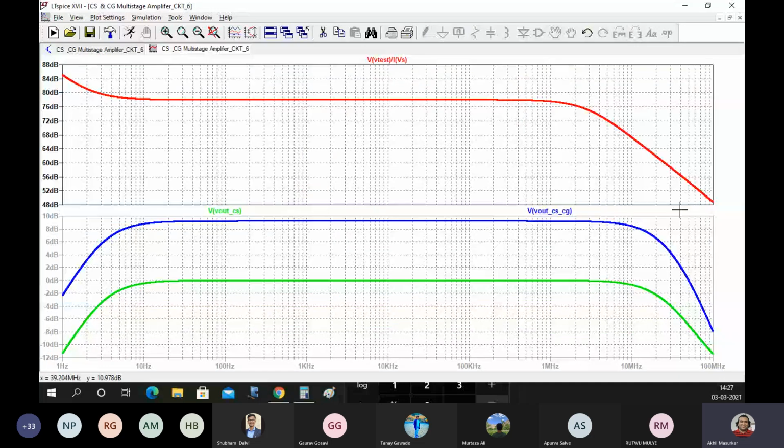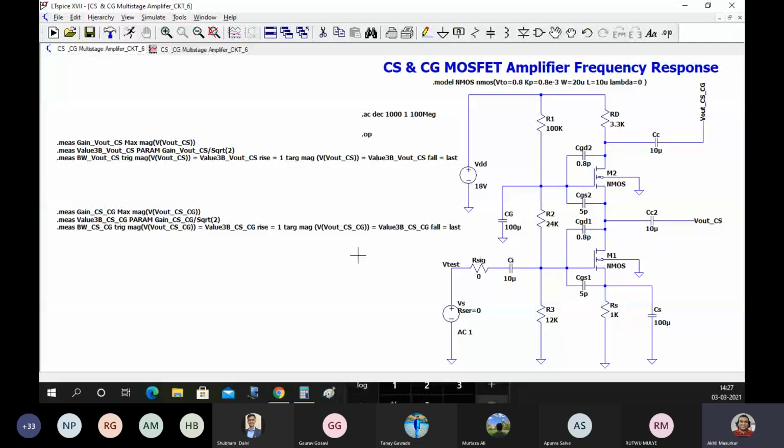So you can still get this. So that's the way to calculate input impedance through the simulation itself.